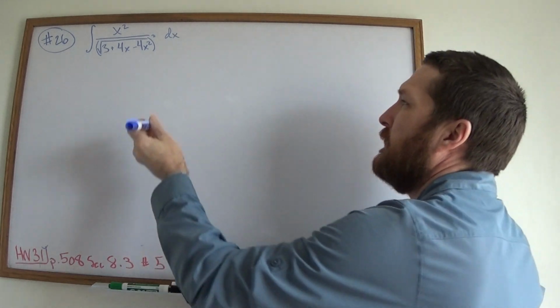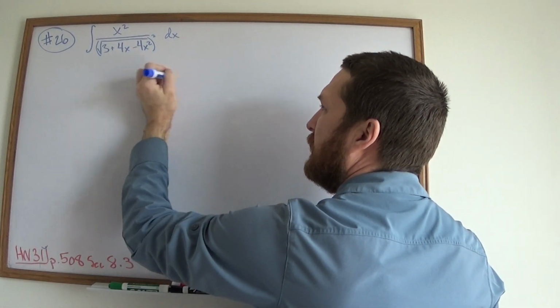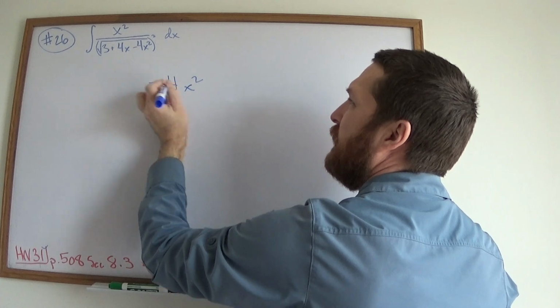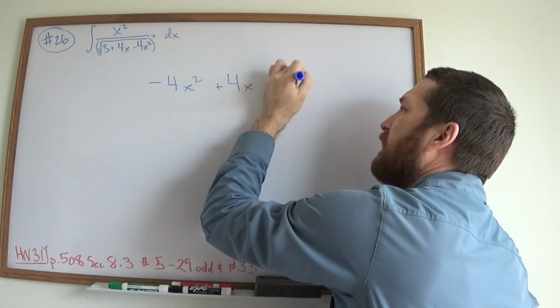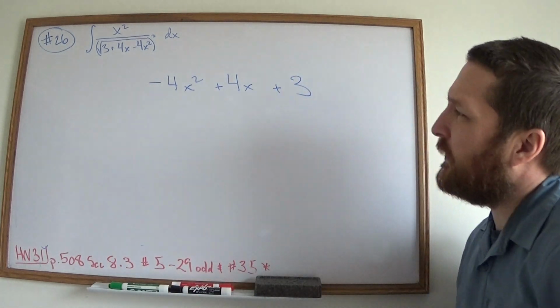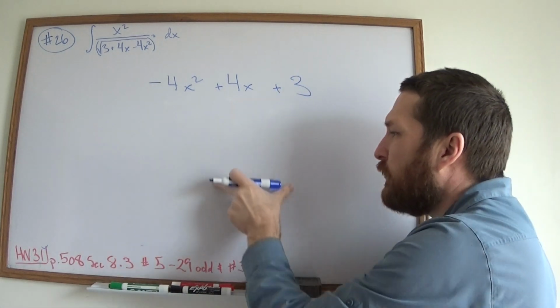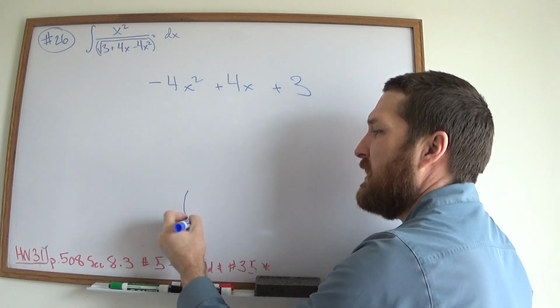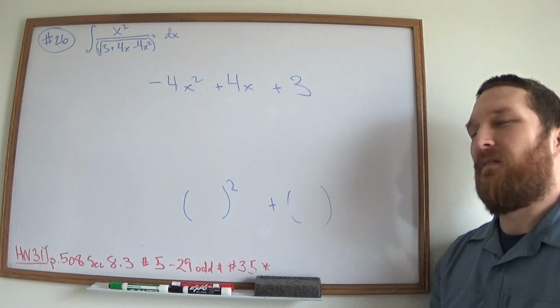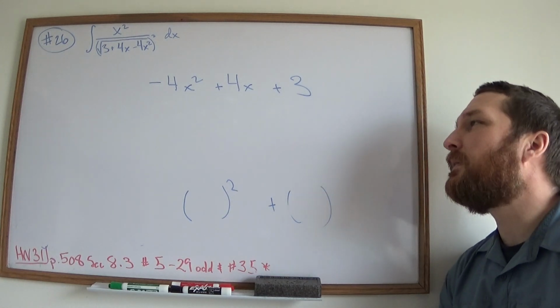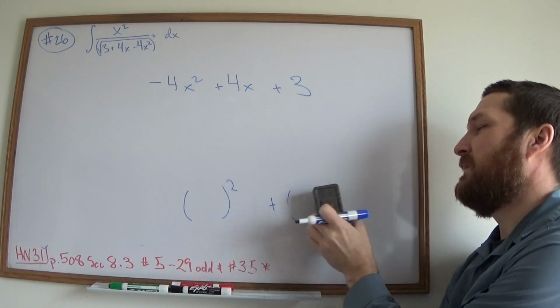What I'm going to do is rewrite this thing like this, in the order that I'm familiar with. And I'm going to think, okay, what I'm trying to do is rearrange this thing so that maybe we end up with something squared plus something. Can we do that? Any methods?